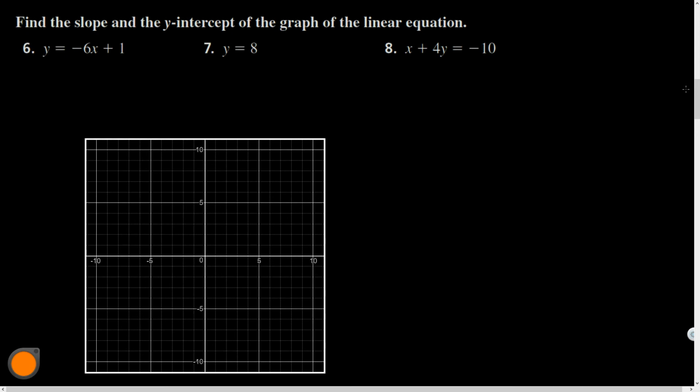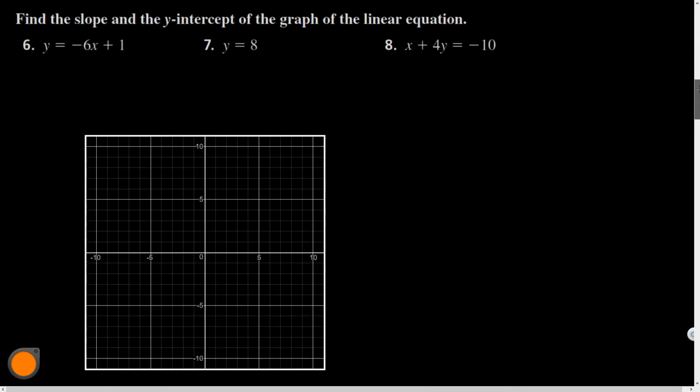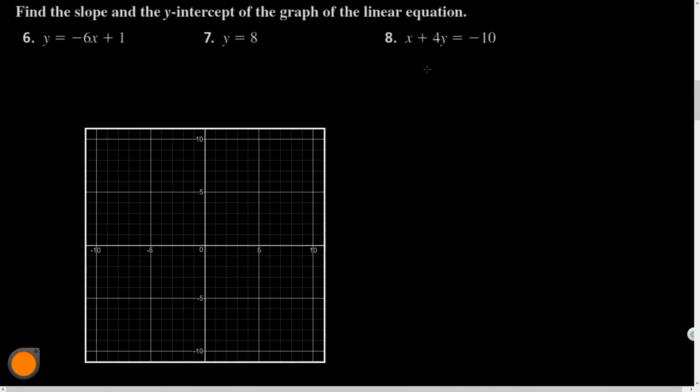Yeah, number 8 is tricky. It's going to be similar to this one. You're going to have to evolve that one first. You're going to mega evolve standard form into slope-intercept form by solving for y.